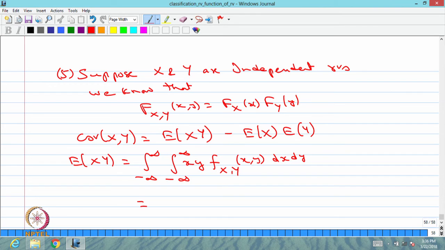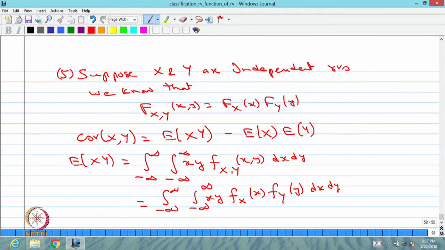Since these two random variables are independent, I can use this condition in the joint probability density function. Therefore, this is going to be the double integral from minus infinity to infinity of x times y times the marginal probability density functions of x and y.